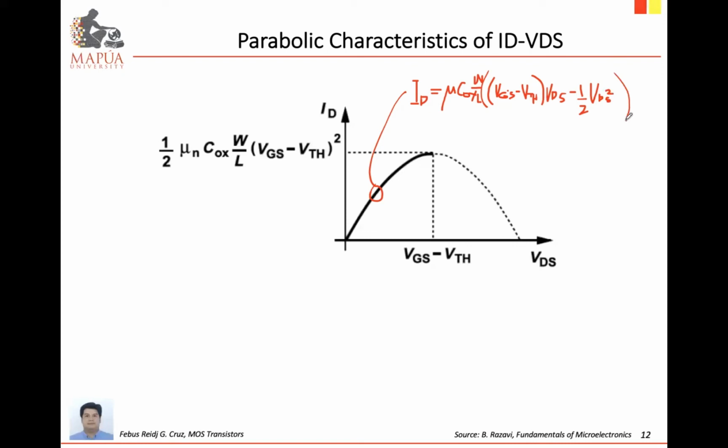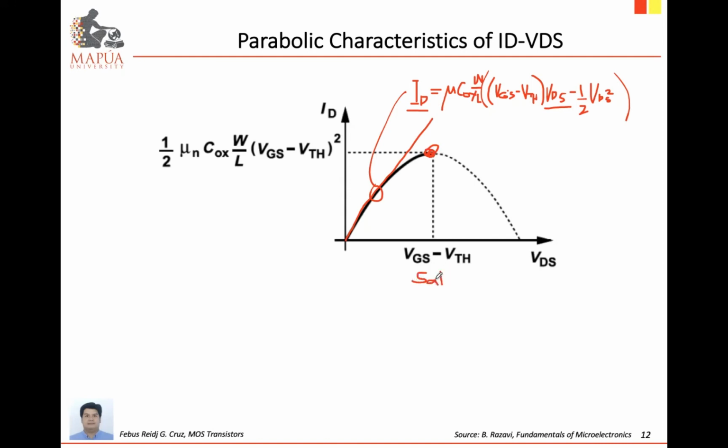All right, so from here you can say that the drain current is somehow linear with respect to the VDS. So as the VDS increases, we are expecting that the drain current will increase linearly. Ideally it should increase linearly up to a certain point, and that is what we call the saturation point.